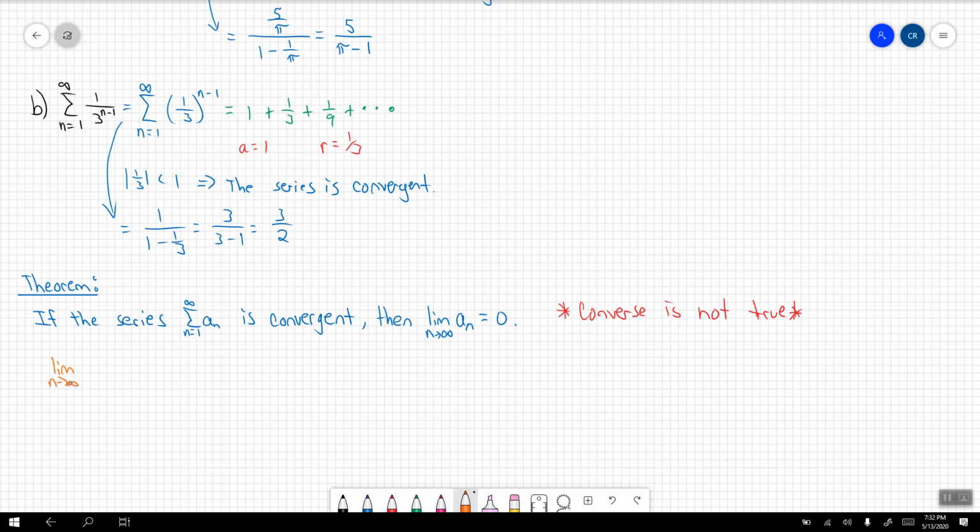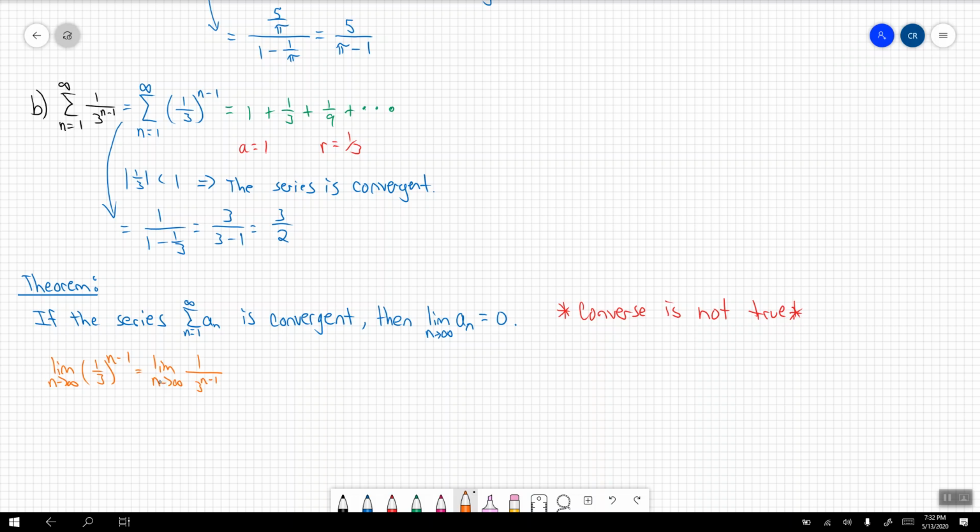So let's see if that limit, as n goes to infinity for this explicit formula, 1/3 to the power of n minus 1.